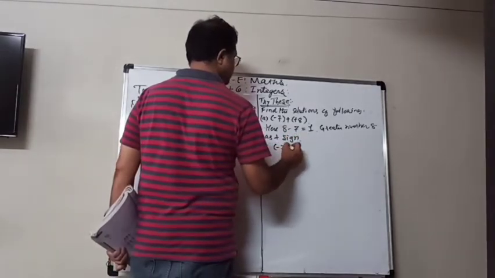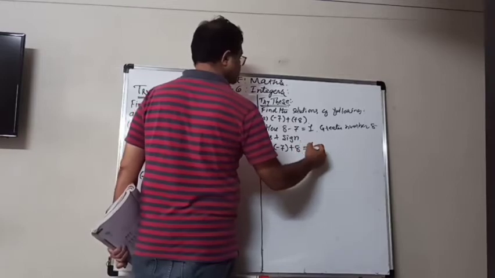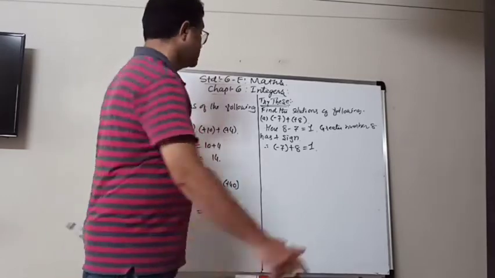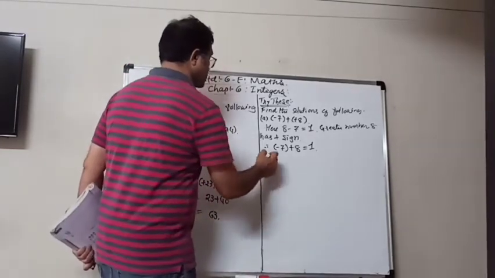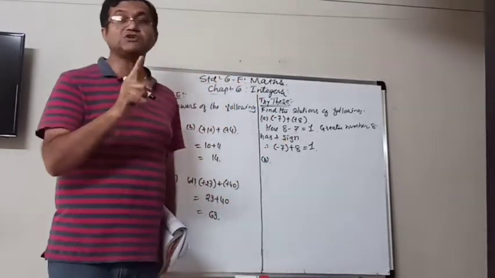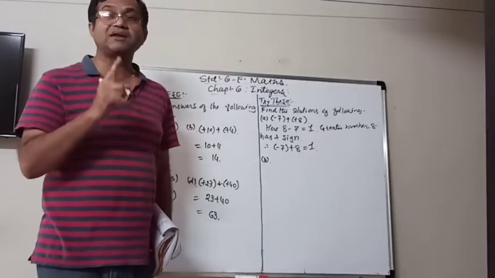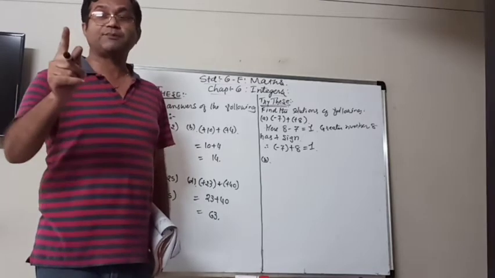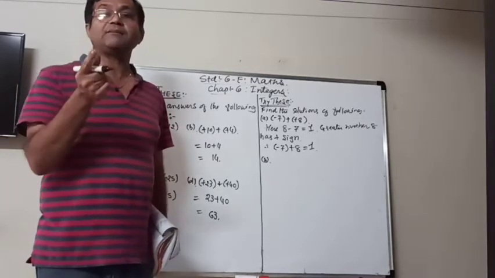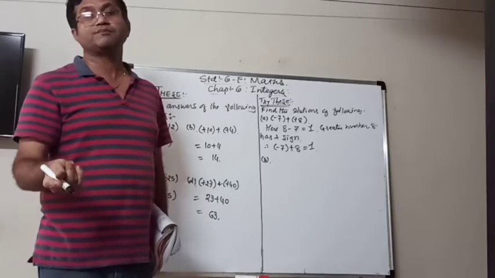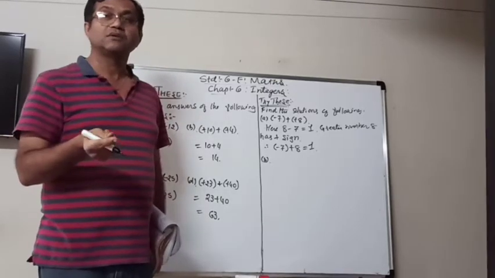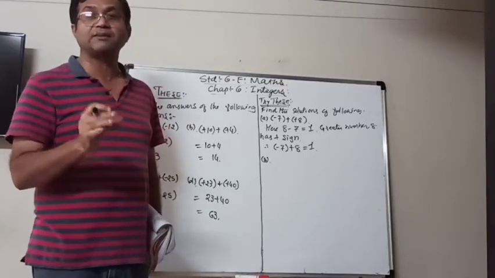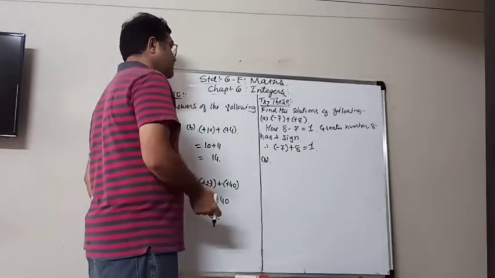Therefore minus 7 plus 8 is equal to 1. So in this situation you have to remember that the final answer will take the sign of the greater number. If the greater number is negative, the answer will be negative. So according to the sign of the greater number, the answer will have a positive or negative sign.